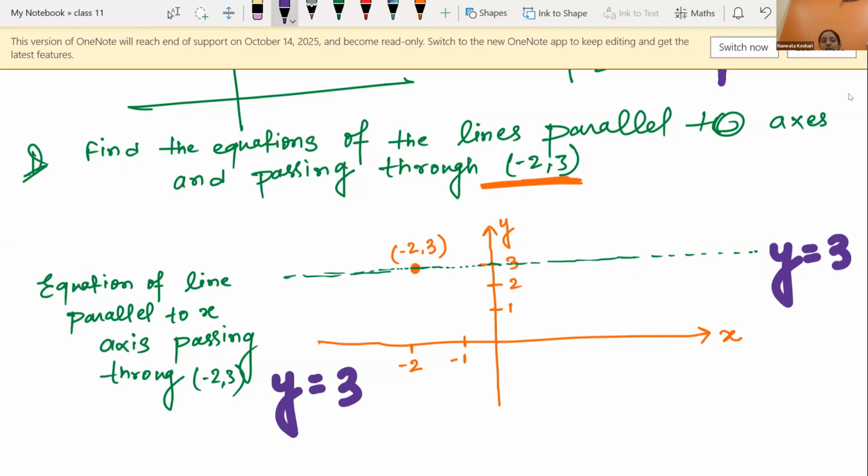One of the answers we have already written. Now we just need to write the other answer. The equation of the line parallel to the x-axis, we are done with that. Now we will check the equation of a line parallel to the y-axis and passing through, of course, this -2 comma 3. Parallel to the y-axis like this.